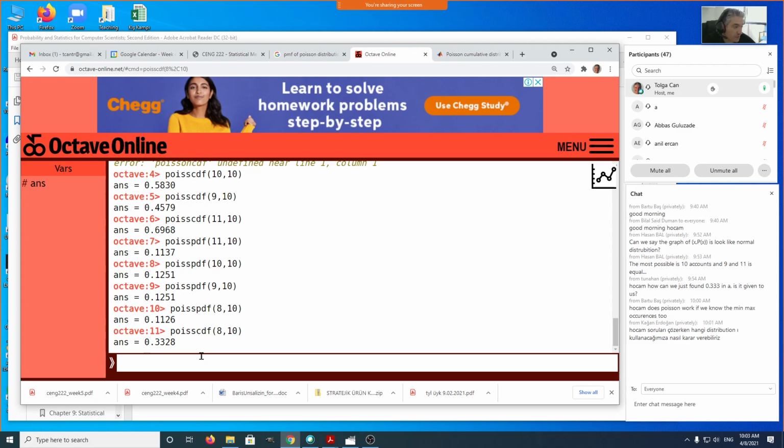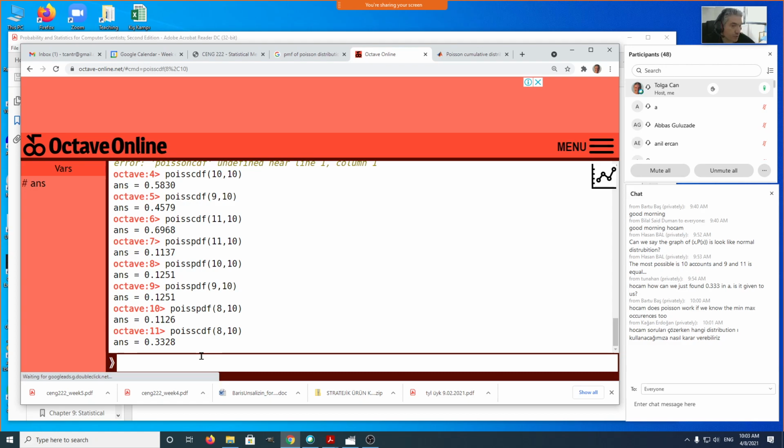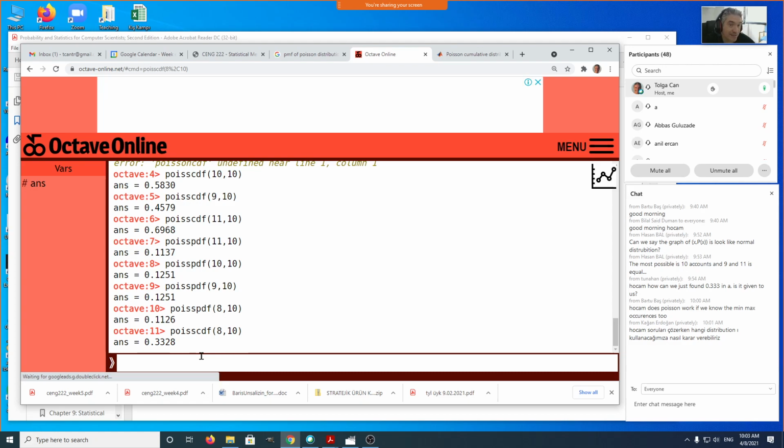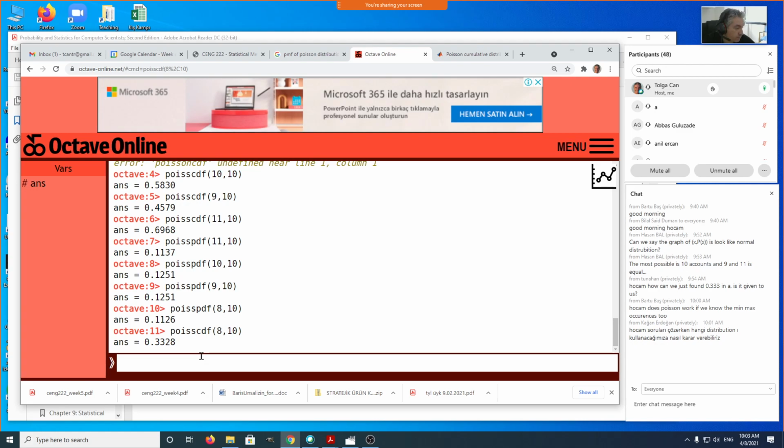Sometimes what you do is you collect data, look at the histogram, and check whether this histogram looks like the PMF or the PDF of some distribution you already know. One thing that misled researchers was that sometimes they think many distributions look like normal, although they may not be exactly normal.